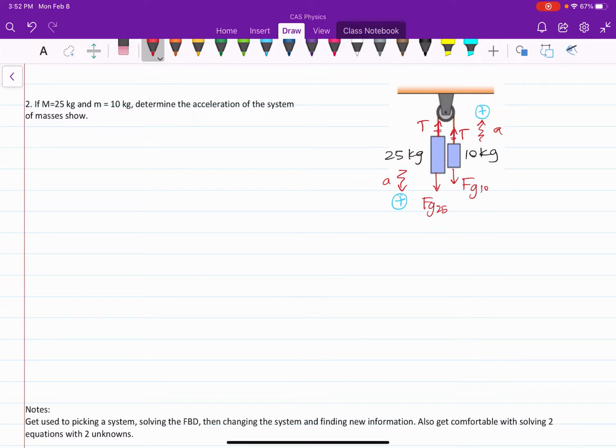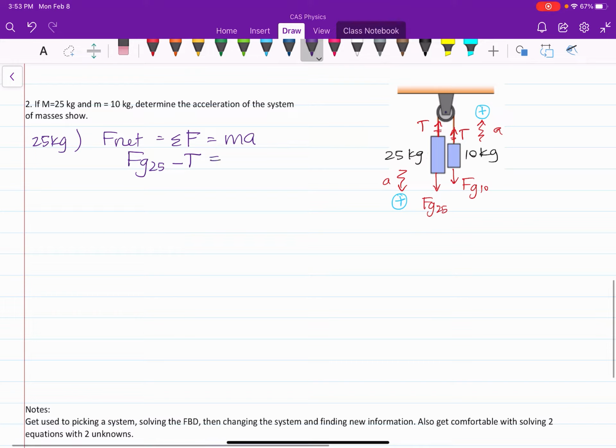So we can set it up exactly like we did before, where we'll look at the 25-kilogram free body diagram, and we'll see that the F net equals the sum of the forces, which equals ma. Now in this free body diagram, the sum of the forces, I've got Fg on the 25 kilogram is positive, minus T, which is negative, and that equals ma.